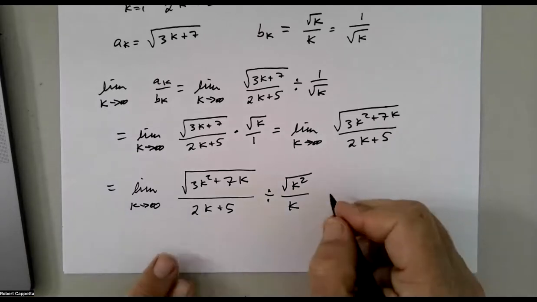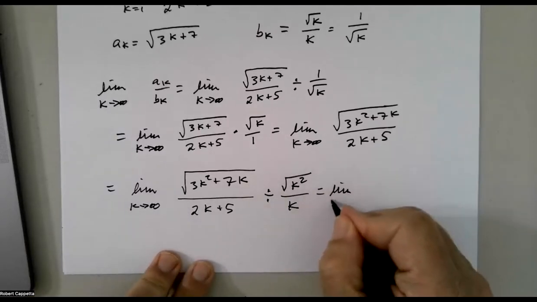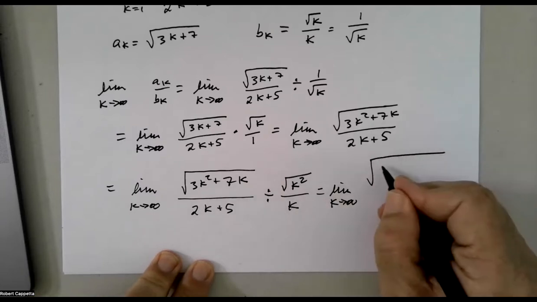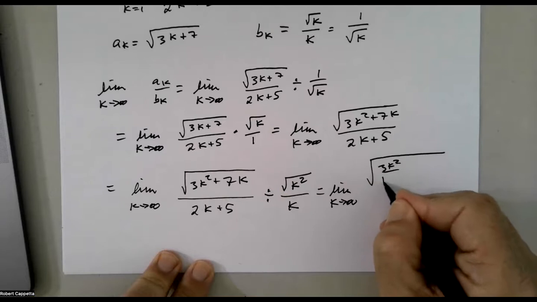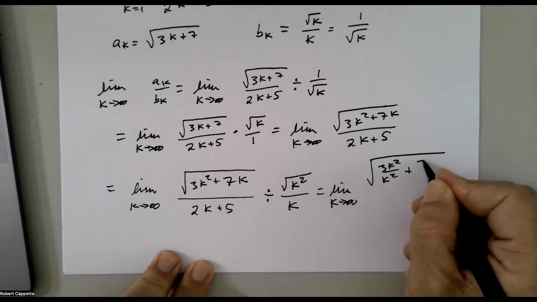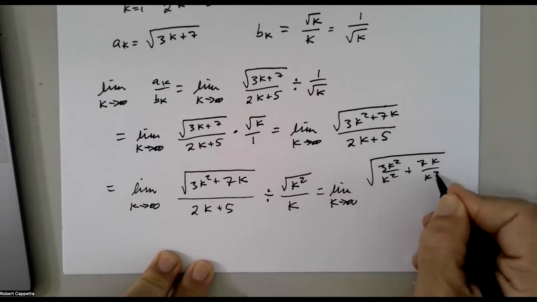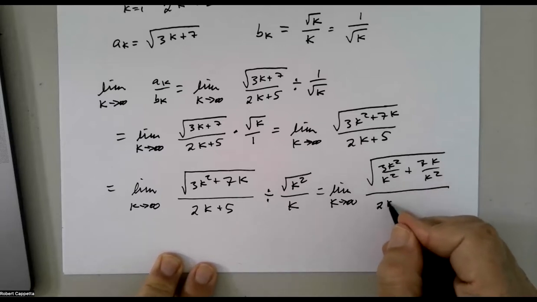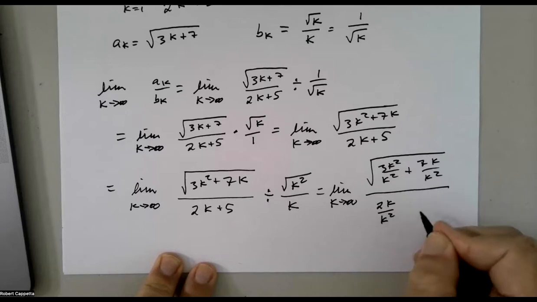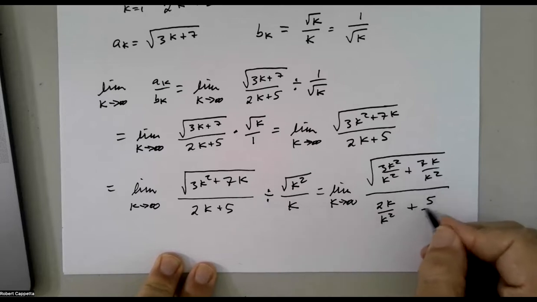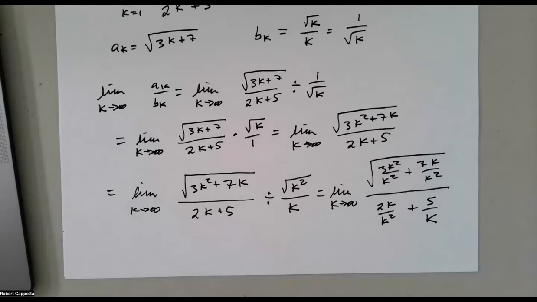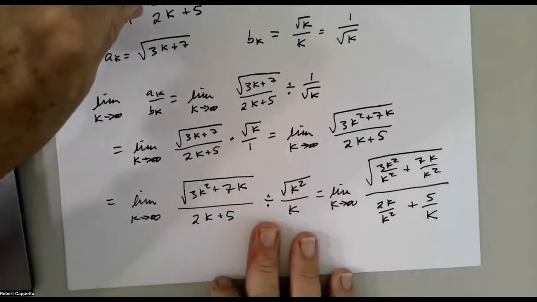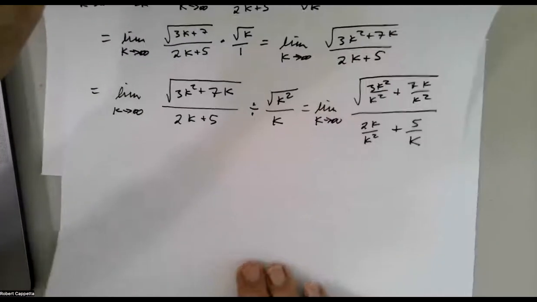So what does this give me? The limit as k goes to infinity of the square root of (3k squared over k squared plus 7k over k squared) divided by 2k over k plus 5 over k.